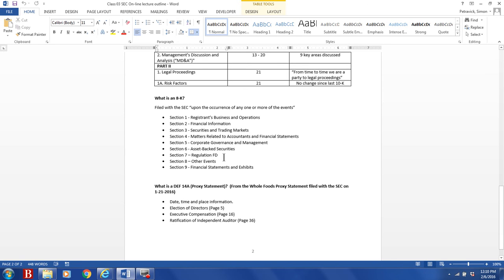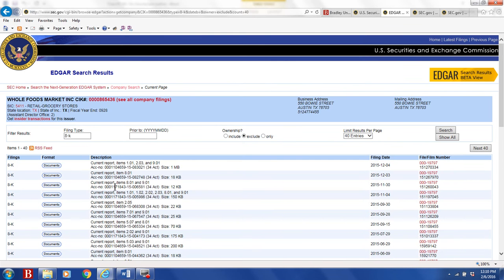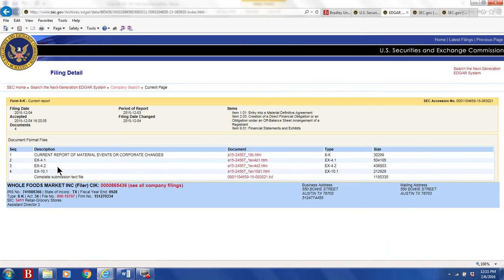And these events are listed below. It's a brief summary here, but there's a lot of situations where rather than waiting for a quarterly or annual report, the SEC has said that investors need to know about this type of information immediately. And so what happens is that information is recorded in an 8K, delivered to the SEC, made available to the public through EDGAR.